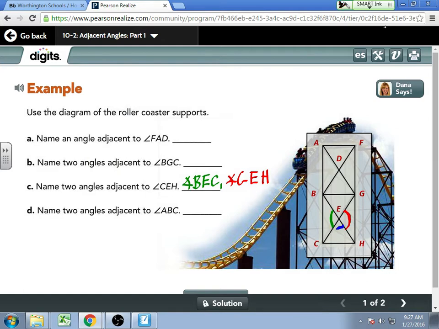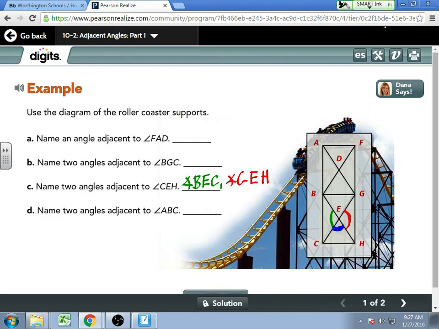I'm glad that you said that, because if CEH, my original angle's here, and you bring up BEG, that's this angle, they share the vertex, but they don't share a side. They have to share that side. So that, and we'll get to this in about 2 days, those are vertical angles. That pair would be called vertical angles. Oh, okay. There is another, though. There's actually two others if you really want to get creative.